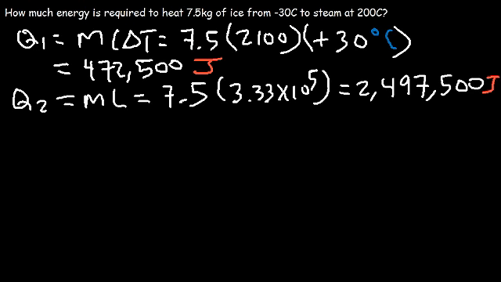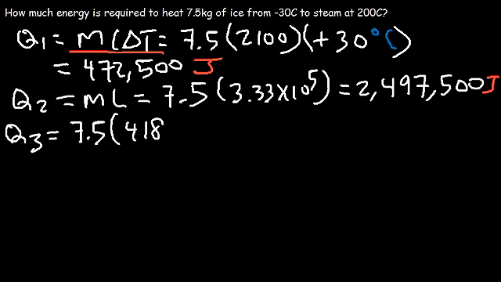Now let's move on to Q3. Q3 is a temperature change problem again. We're heating liquid water from 0 to 100, so it's Q equals mcΔT. We have the mass, the specific heat capacity of water, which is 4186, times an increase in temperature of 100.